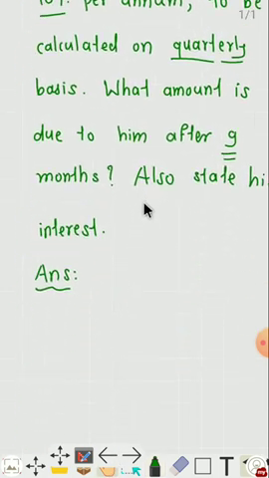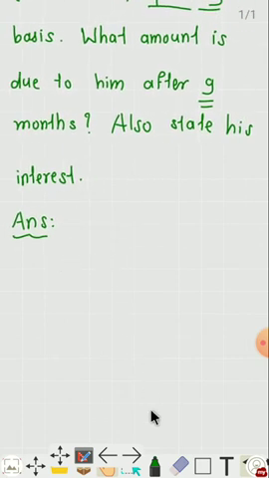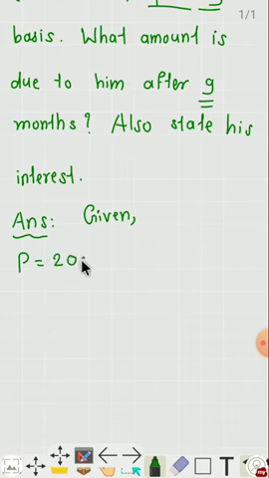So first of all, write what is given to you. The given things are: first is the principal, and the principal is 2000 rupees. Then the rate of interest R is 10% per annum.